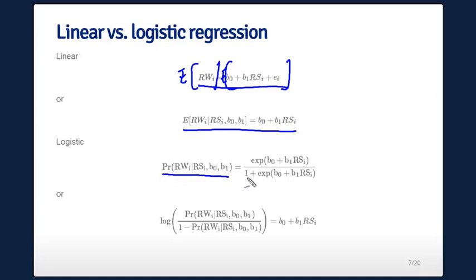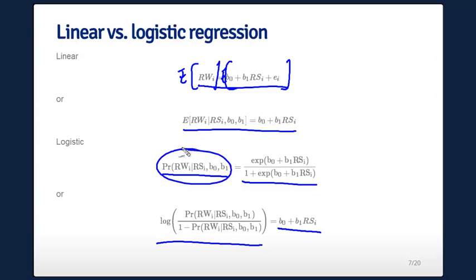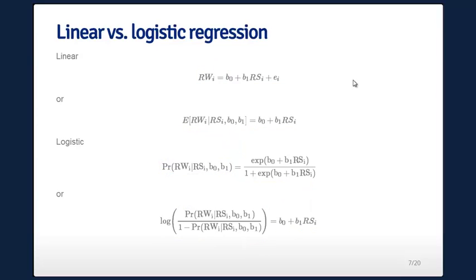The probability has to look like that, or this same equation rewritten is that we've modeled the log odds of the probability of winning given the score and the coefficients as being this linear predictor. And that's exactly what we did on the previous slide. So this probability right here we defined as mu i, and so this is log of mu i over 1 minus mu i is equal to eta i right there from the previous lecture. Okay?